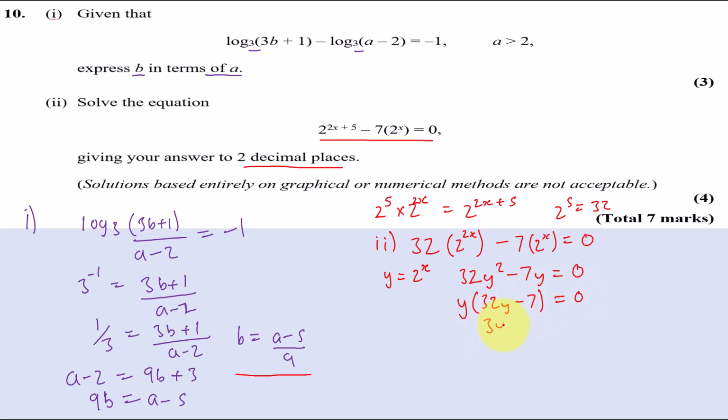So this 32y minus 7 must equal 0, and so y equals 7 over 32. And there's the solution, y equals 0 as well. Of course, and then y can equal 0 here.